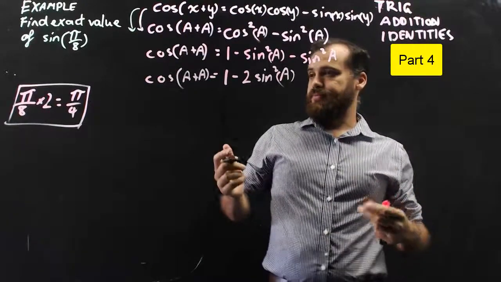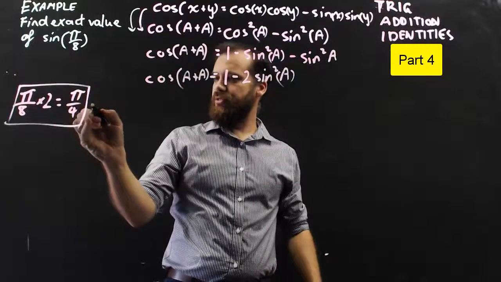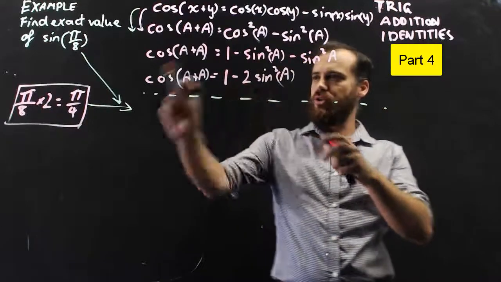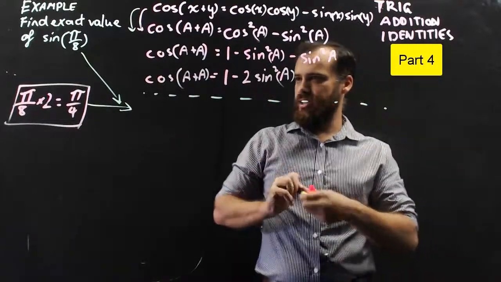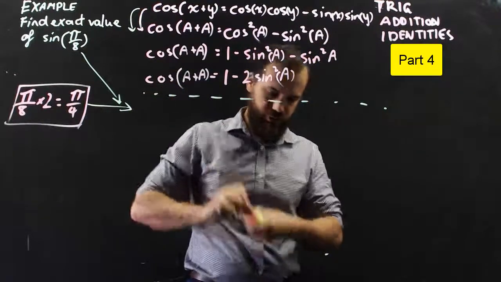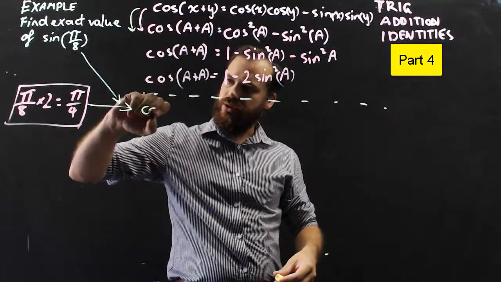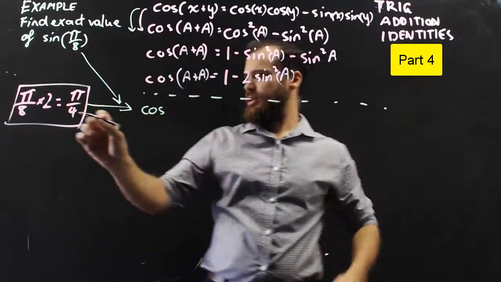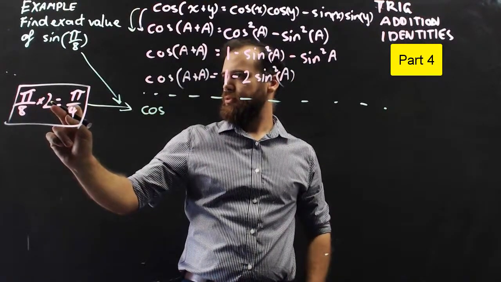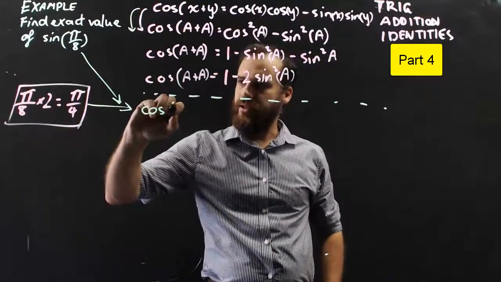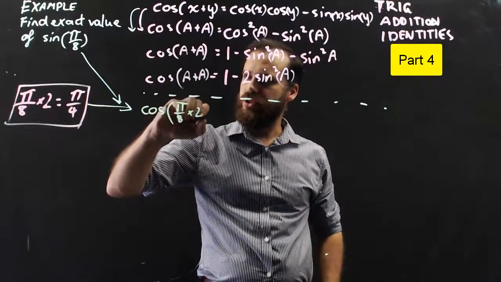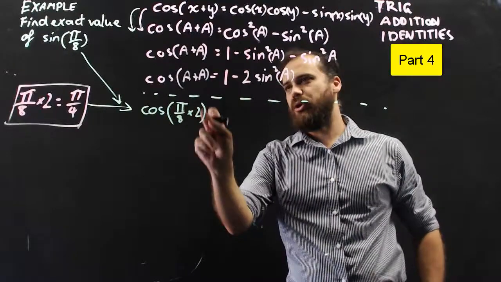Now, why have I done that? Well, now we can use this information. So we can say that cos a plus a, now a plus a is going to be pi on 8 times 2, which is just pi on 8 plus pi on 8.